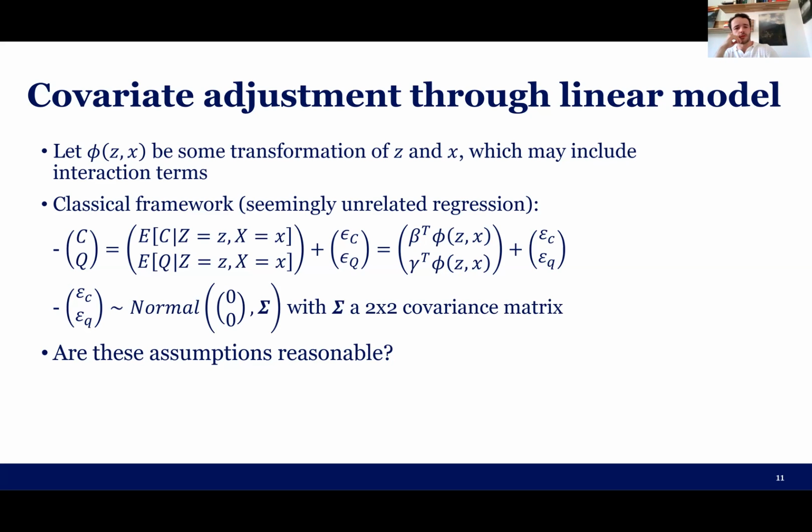We assume that we can decompose the costs into its conditional expectation given the treatment and the covariates plus an exogenous error term. Same for the qualies, and then these two error terms are bivariate normally distributed and correlated. It's a very common model, and it does work quite well in a lot of cases.